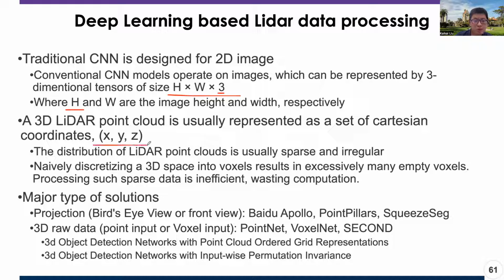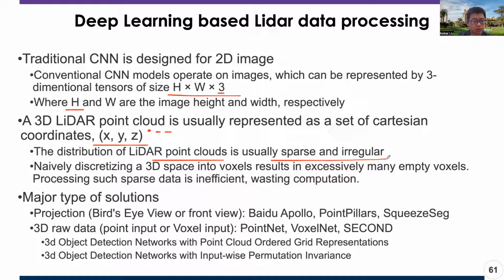Every point has an XYZ coordinate. They may have additional features like reflection strength, and there are other features, but the key is XYZ, the coordinate. And the distribution of the point cloud is very sparse and irregular.